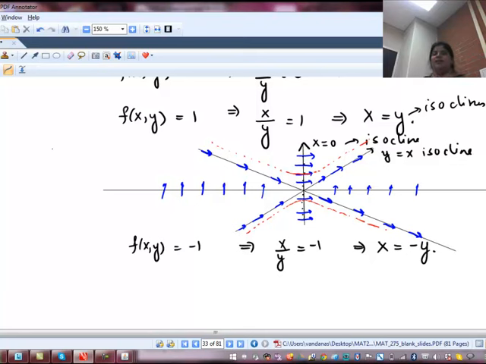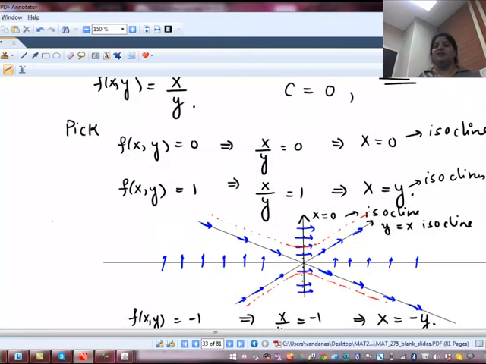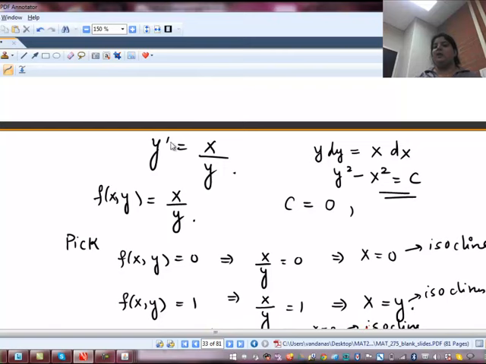So if I have taken here minus, this is an exercise and you can try it out, y prime equals negative x over y, then you will get circles, right? Because you get a plus sign here. So your direction field should then create circles.